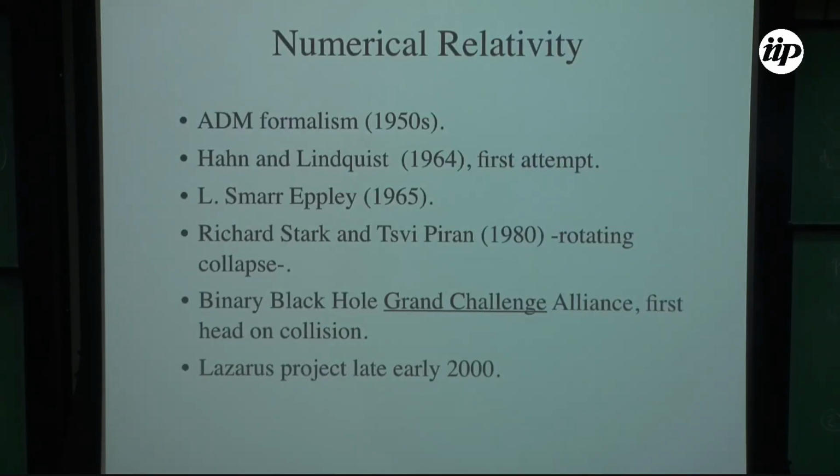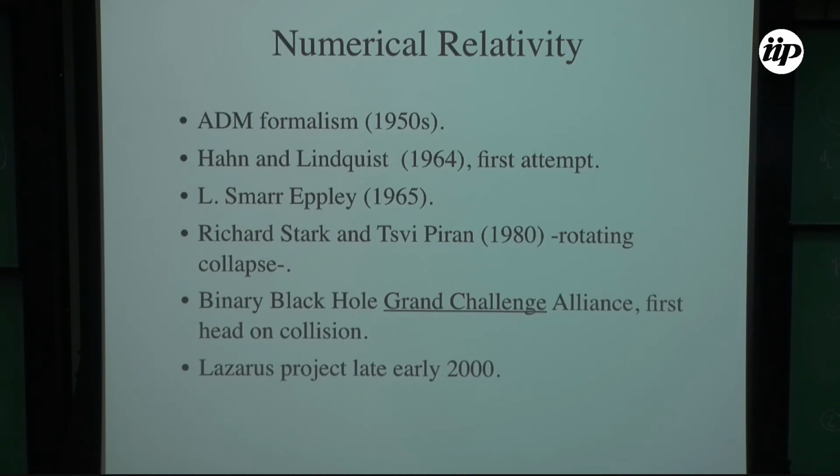So in the history of gravitational waves, a very important role that unfortunately won't be covered in this workshop is numerical relativity, that started in the 50s. A lot of people spent almost their careers working in this field. In the late 90s, several people worked in what was called the Grand Challenge Alliance, and there was a project trying to make calculations using perturbation limits as initial data.